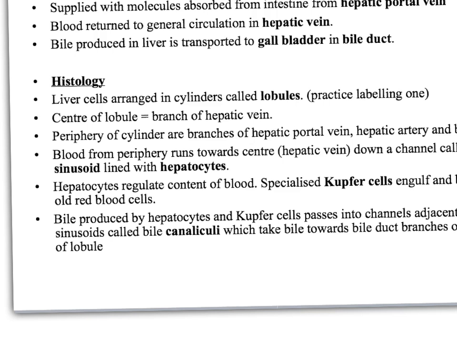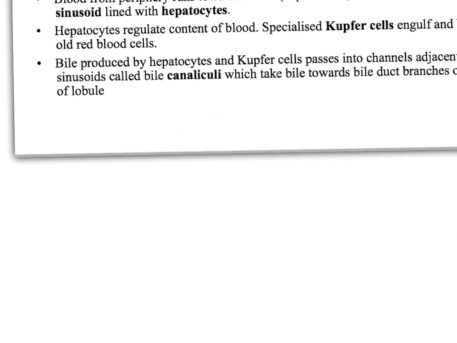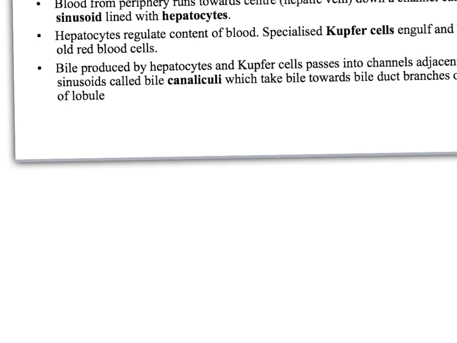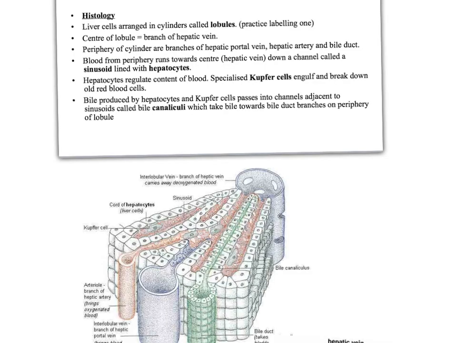So the centre of the lobule is a branch of the hepatic vein. Let's quickly flash back to that so we can show you. So here we are, hepatic vein here, so hepatic vein, and on the periphery we have hepatic portal vein and the hepatic artery and the bile duct.